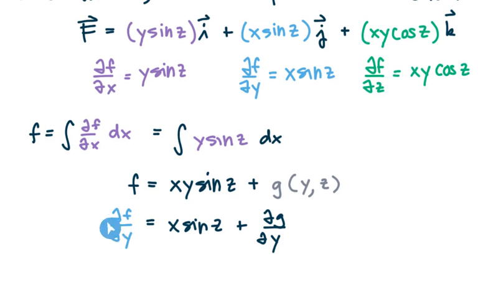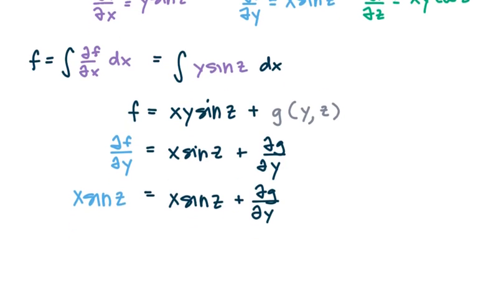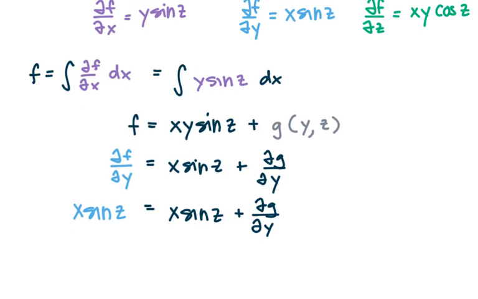Of course, we were given partial f with respect to y up here. So now I can say that x sine z equals x sine z plus partial g with respect to y. Simplifying this, I'm going to see that partial g with respect to y is equal to 0.